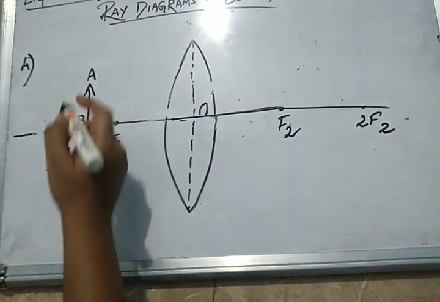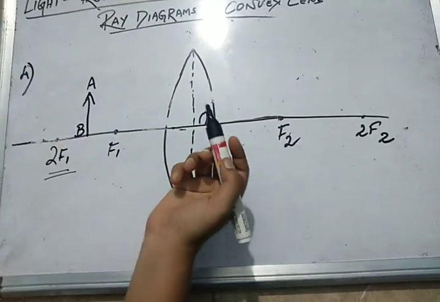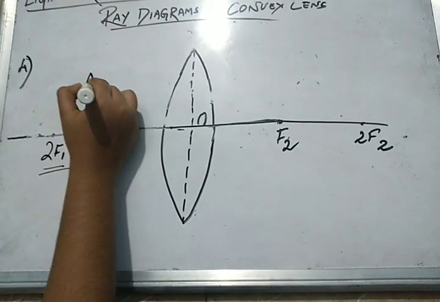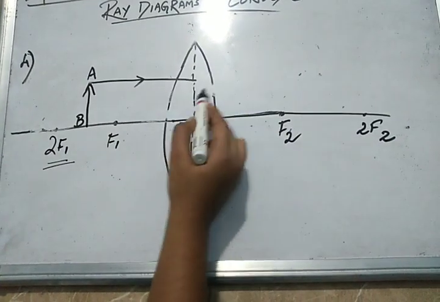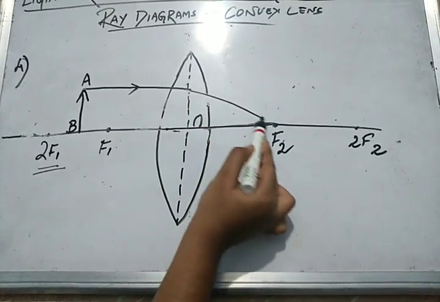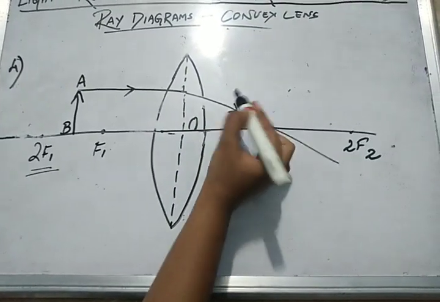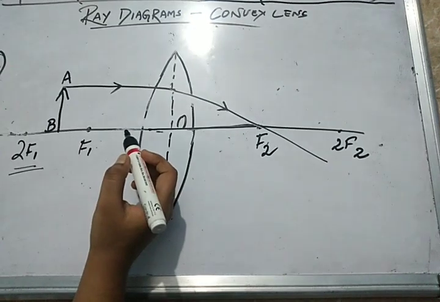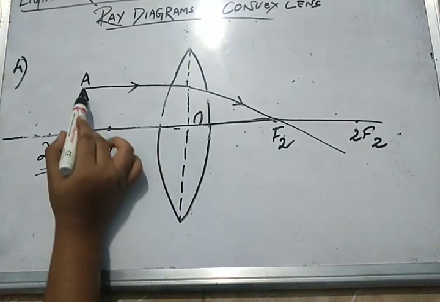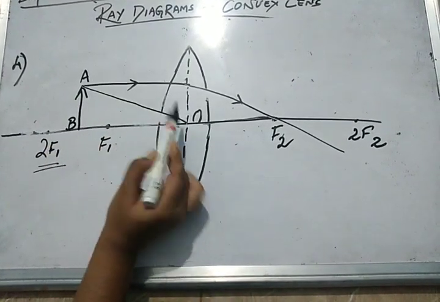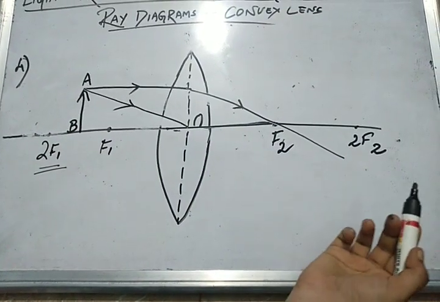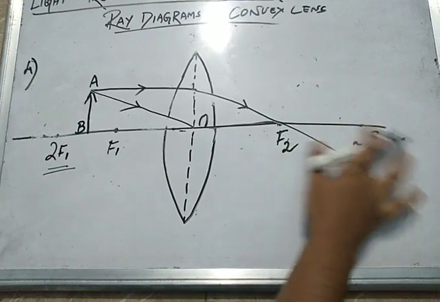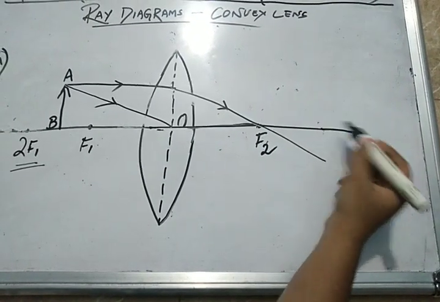Then I take 2 incident rays. One from here. After refraction, it passes through F2. Then I take another incident ray that passes through this optic center. After refraction, it emerges without any deviation, I told you, right?